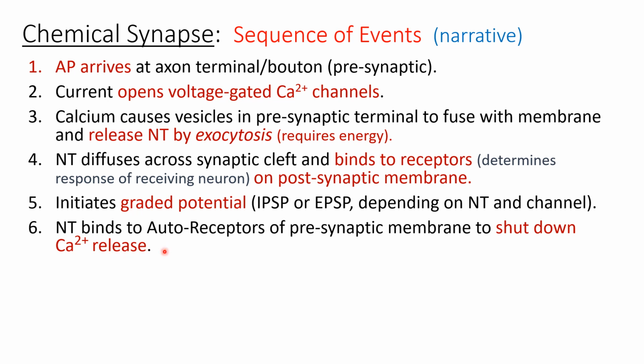One of the things that happens is we have to shut down the release of calcium on that presynaptic terminal. So you have receptors on that presynaptic terminal membrane that will shut down calcium release. You've got to stop the calcium or you're going to have exocytosis. So you're going to export that calcium, sequester it, do whatever you have to prevent that calcium from being around.